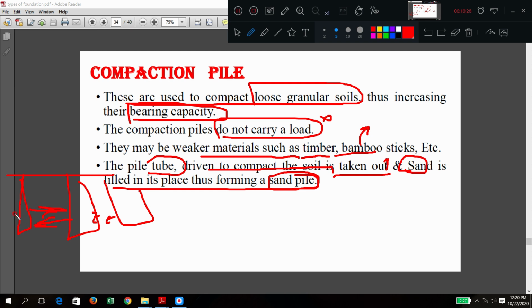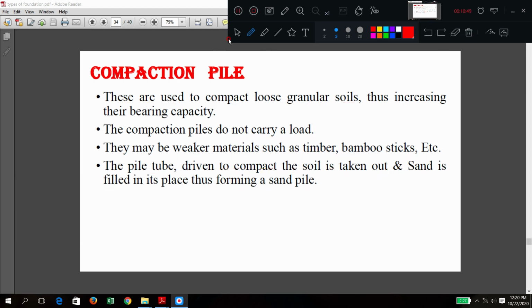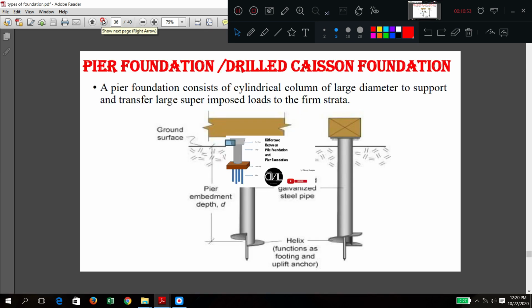After this, these hollow spaces are filled with sand, one of the methods, that's all. In general, you can understand, compaction piles just compact the soil by placing or driving the piles at closer spacing, but they don't carry the loads, that's all. I hope it is clear now.